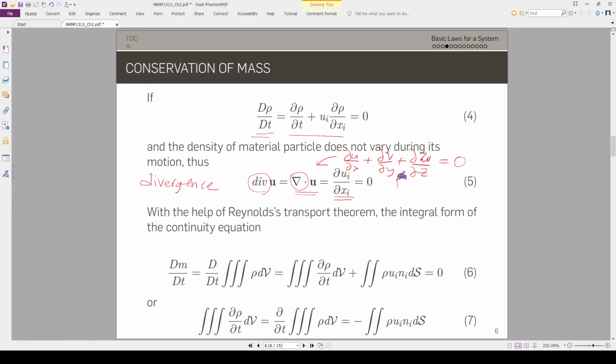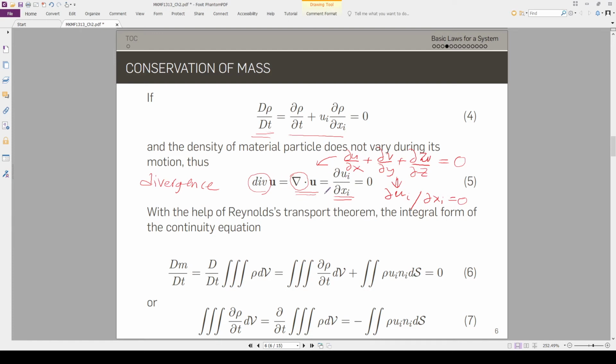So if I can further simplify this equation, we have del. The velocity components are represented by ui, and the distance in the x, y and z directions is given by xi, then all of this is equal to 0 as well. So they are actually equivalent.